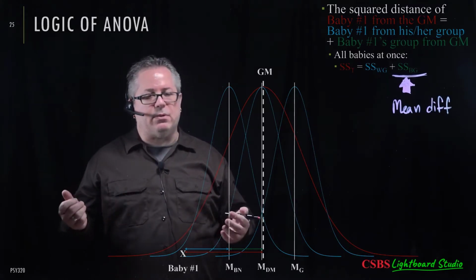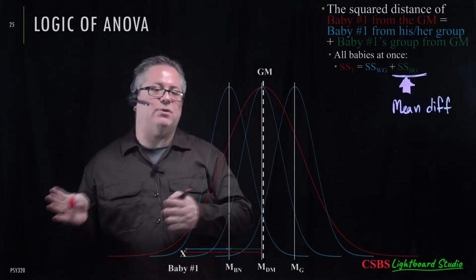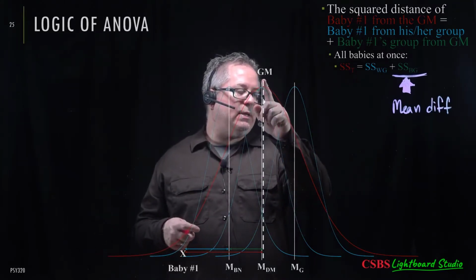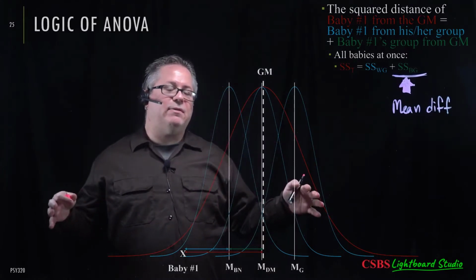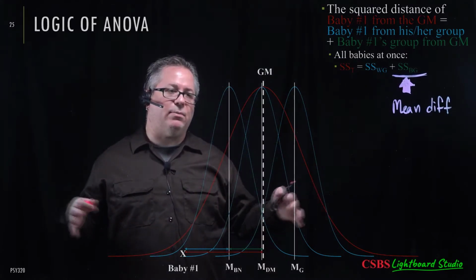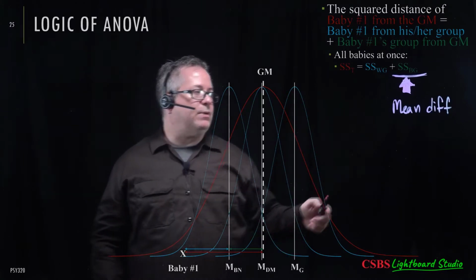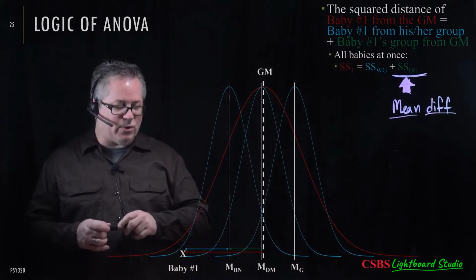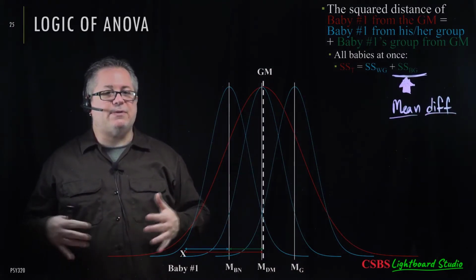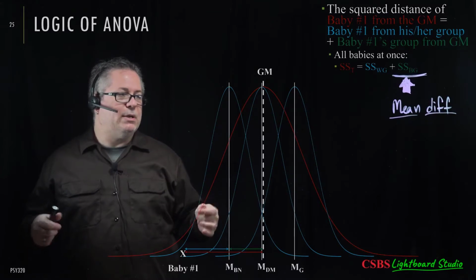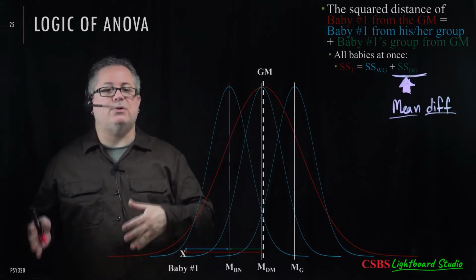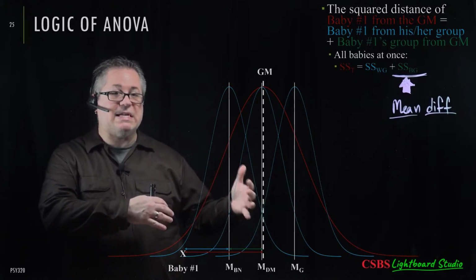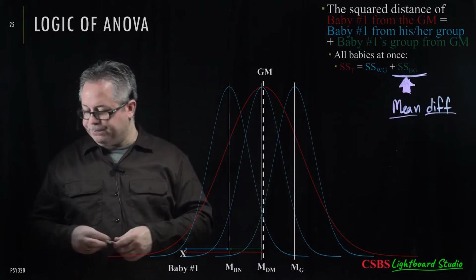Instead of comparing one group mean to another group mean like in a t-test, we're going to compare all the group means to one grand mean, with the idea that the larger the variability is, the farther apart those means are, the bigger the mean differences are. So I can use this difference in our sum of squares, or between groups variance, to see if there's a significant difference between those group means. So we're basically using variance to ask the question about differences between the means by converting those mean differences into a variance. Okay.